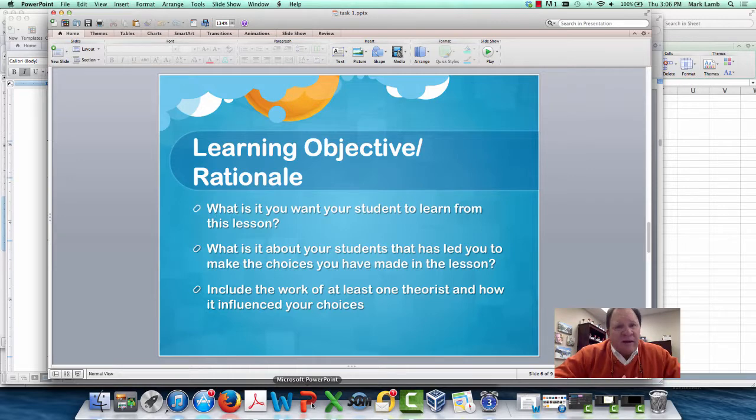So if one of those hit home with you a little more than the one that you researched yourself, that's fine. But one theorist or one theory needs to be applied to the rationale of what you're doing in your lesson. Specifically say, not just by dropping the name, but actually how the theory applies in what you've chosen to do in your lesson. Okay?